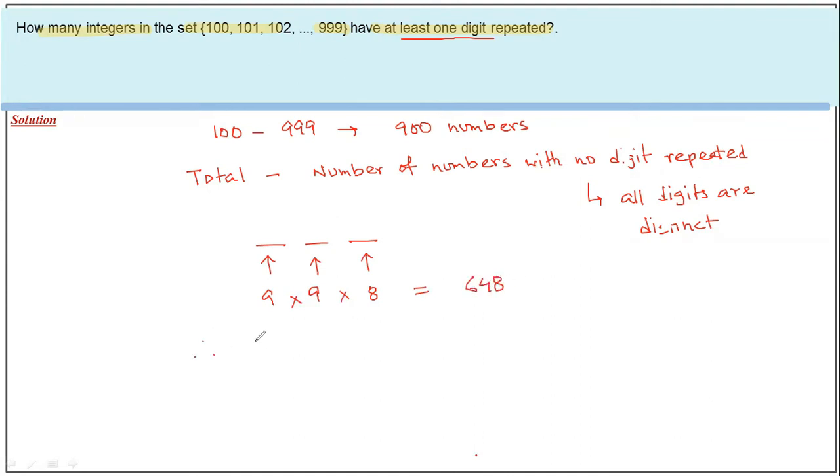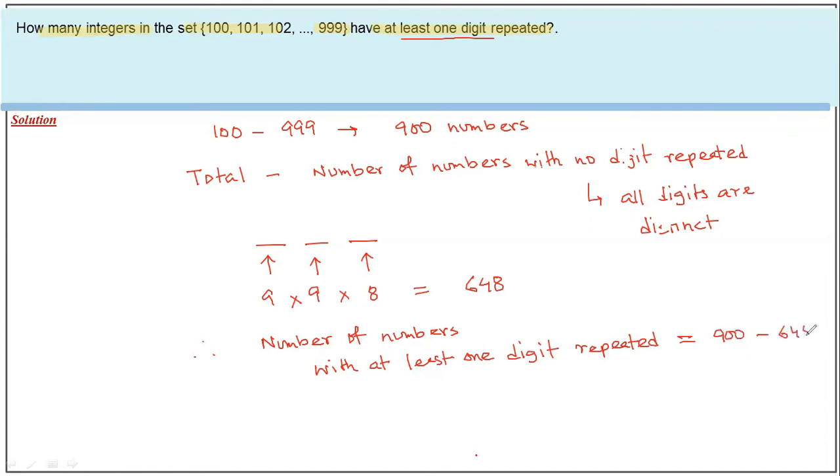So therefore number of numbers with at least one digit repeated would be equal to 900 minus 648, that is equal to 252.